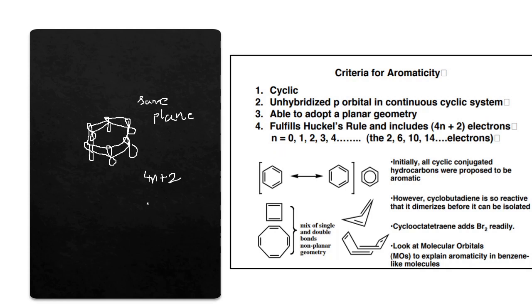Now, initially, all cyclic conjugated systems or hydrocarbons were proposed to be aromatic.